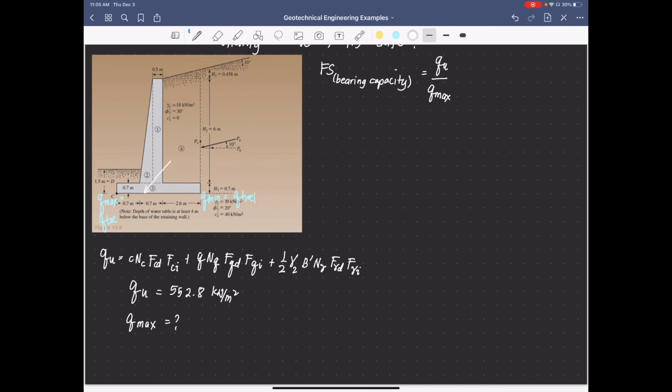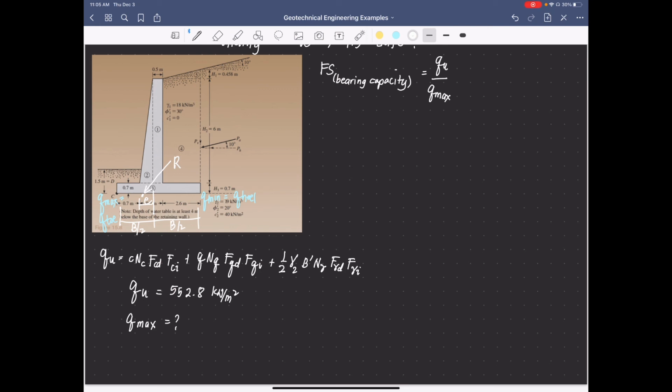Let us say this is our R, and we need to find the eccentricity of this from the center of the base. If this is B over 2, this is B over 2. From here, we need to get the eccentricity.